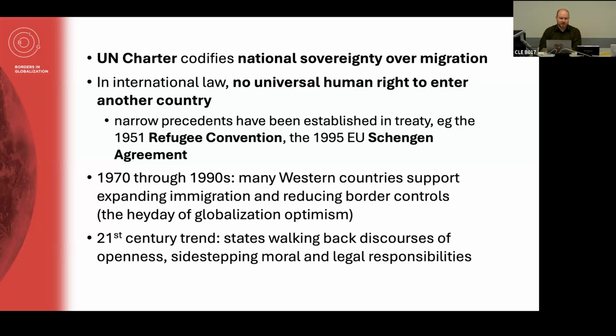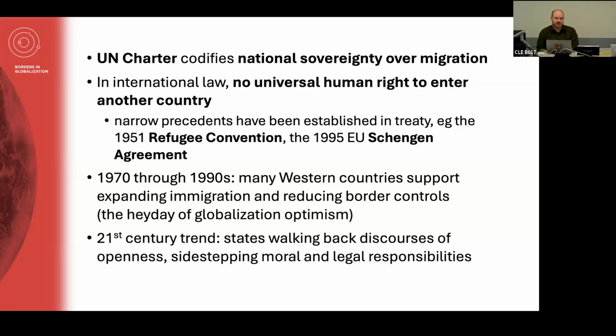The Schengen Agreement in the European Union is a good example too, because what the member states who signed on to the Schengen Agreement agreed to is that they would abolish internal border controls between their own countries. So a bloc of countries in the EU said, we'll take on this Schengen Agreement, meaning that any person in any of the countries as part of the agreement can move from country to country without needing to produce ID or having to go through any sort of process at the border.